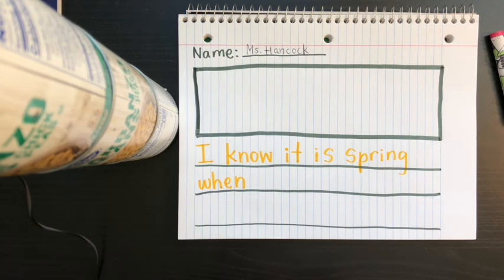So I'm going to think about, how do I know it's spring? And then I'm going to pick one thing and write about it. So I think I know it's spring when I see flowers. So I'm going to finish the sentence with my idea.